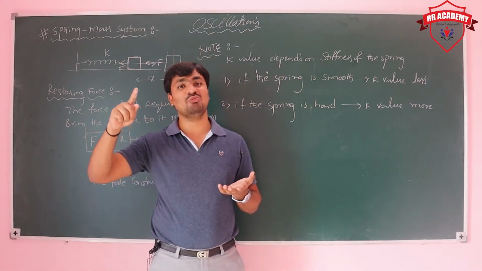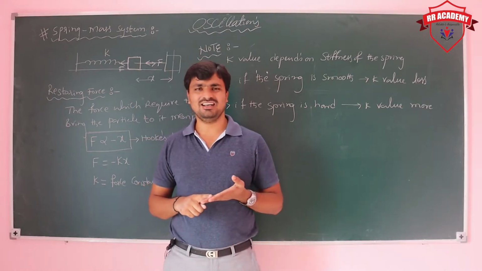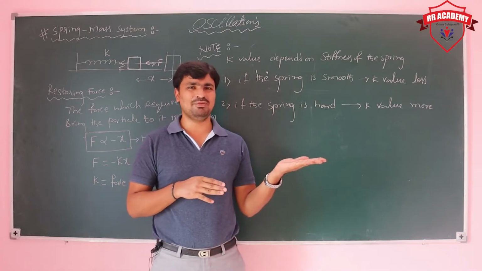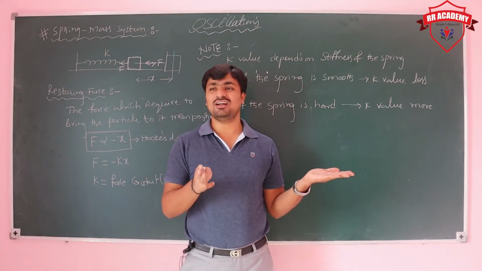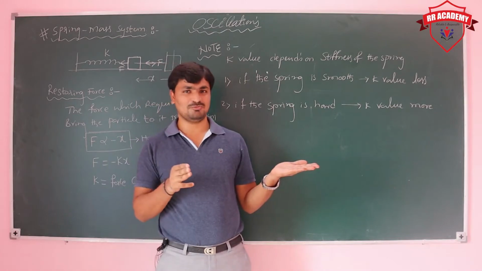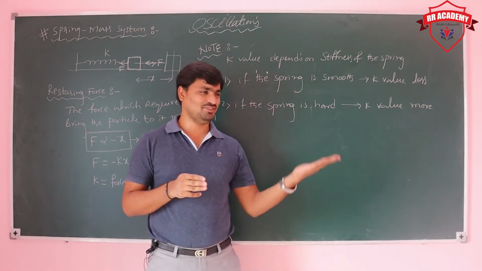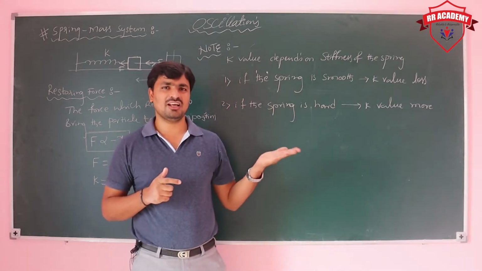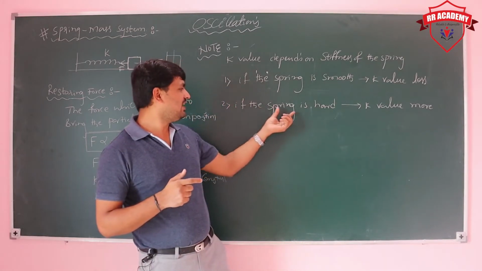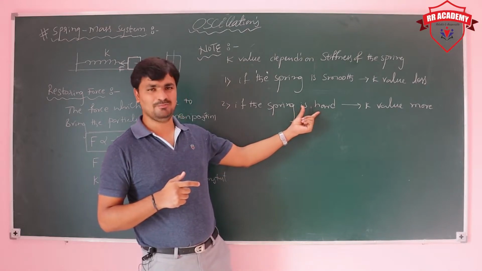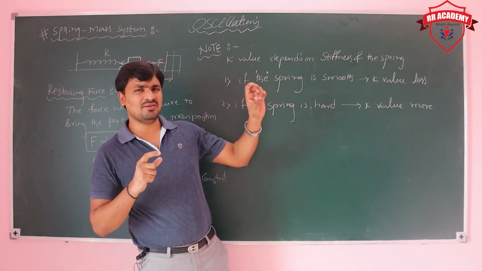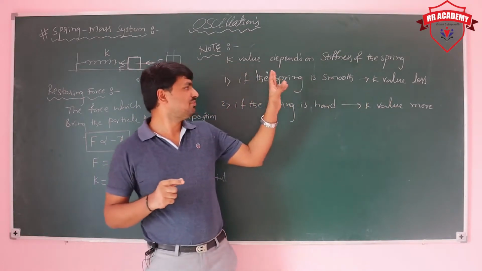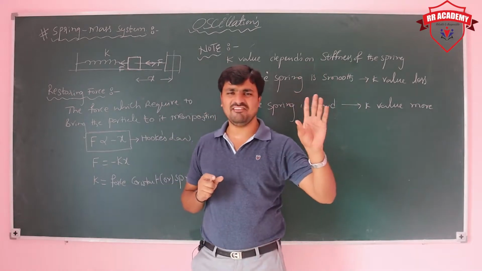Luxury vehicles have more suspension and ordinary vehicles have less, so when crossing a speed breaker in a state transport bus you feel the jolt at the back. Suspension protects us, so for that we use hard springs. Hard means tough, so their K value is more, and smooth springs have a smaller K value.